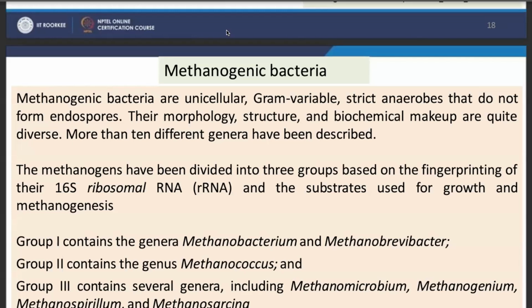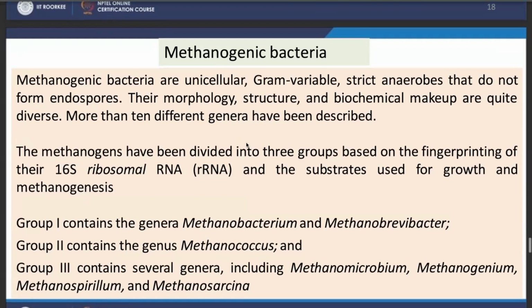Their morphology, structure, and biochemical makeup are quite diverse. More than 10 different genera have been described, meaning within the methanogenic bacteria, there are 10 different subgroups of this bacteria. And how are we deciding whether a microbe belongs to methanogens or methanogenic bacteria?